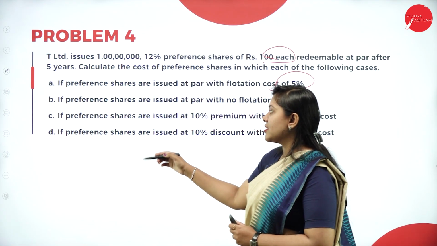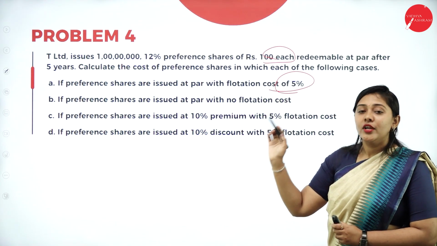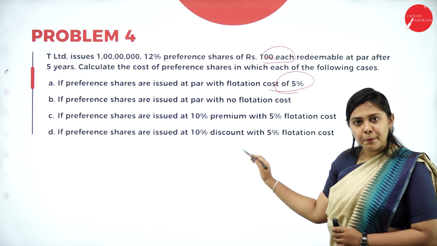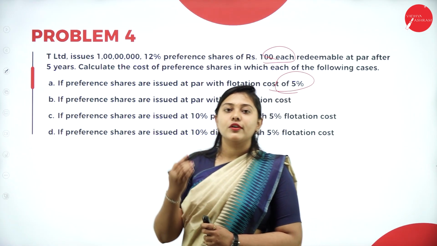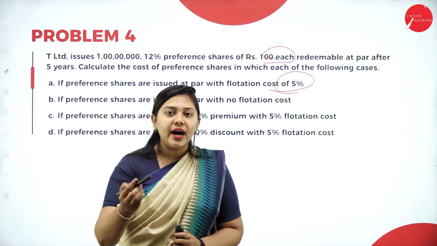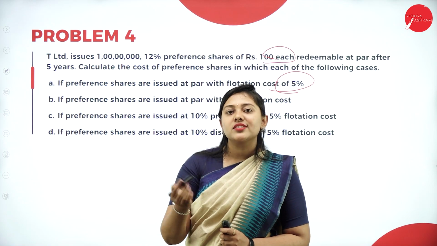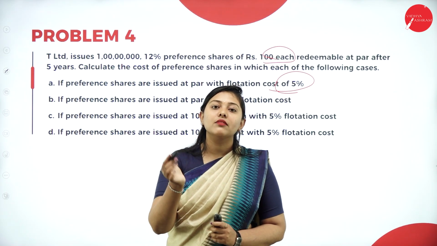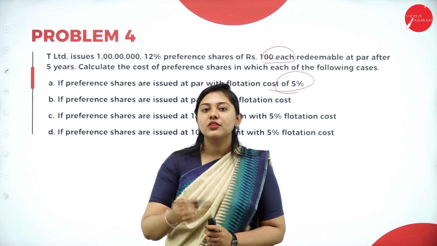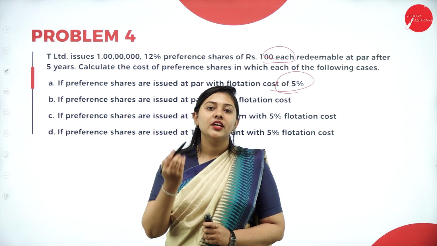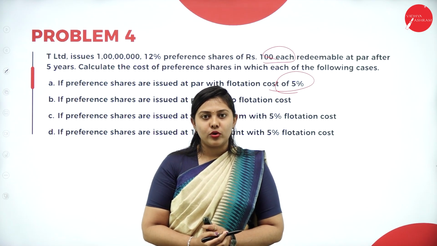And the last case is the preference shares are issued at 10% discount with 5% flotation cost. First case is with par and with the flotation cost. Second case is issued at par with no flotation cost. Third case is issued at a premium with flotation cost. Fourth case is issued at a discount with flotation cost.